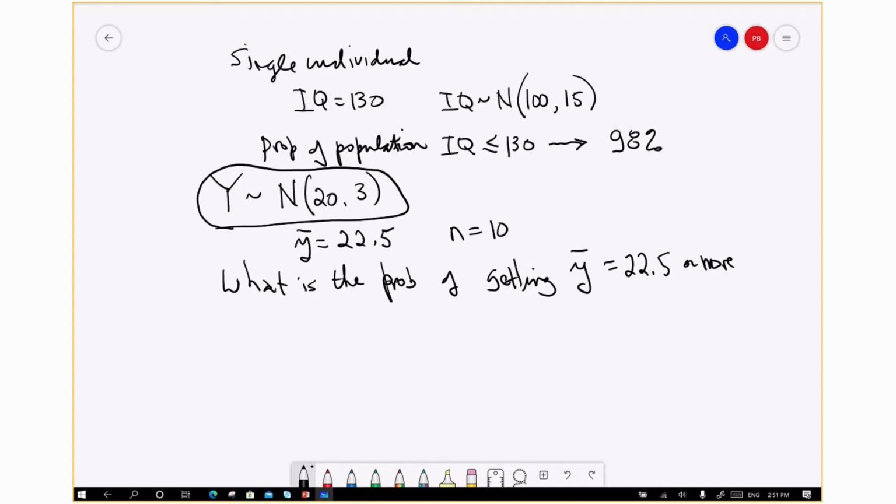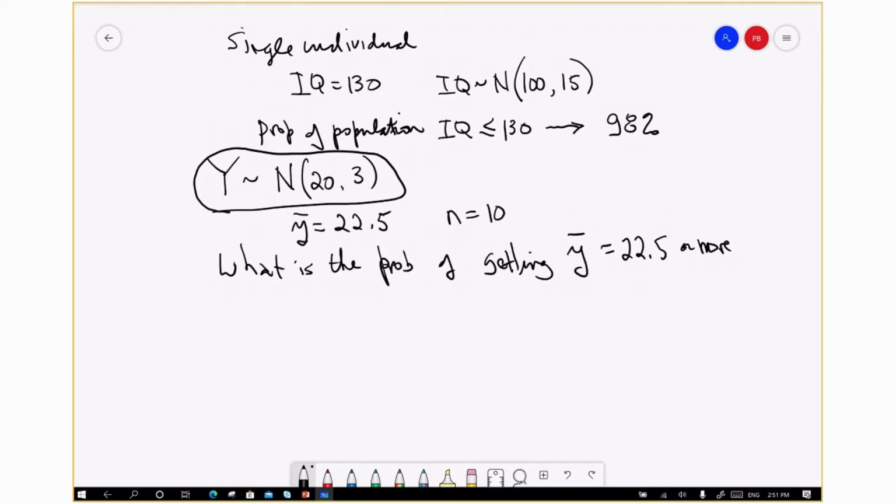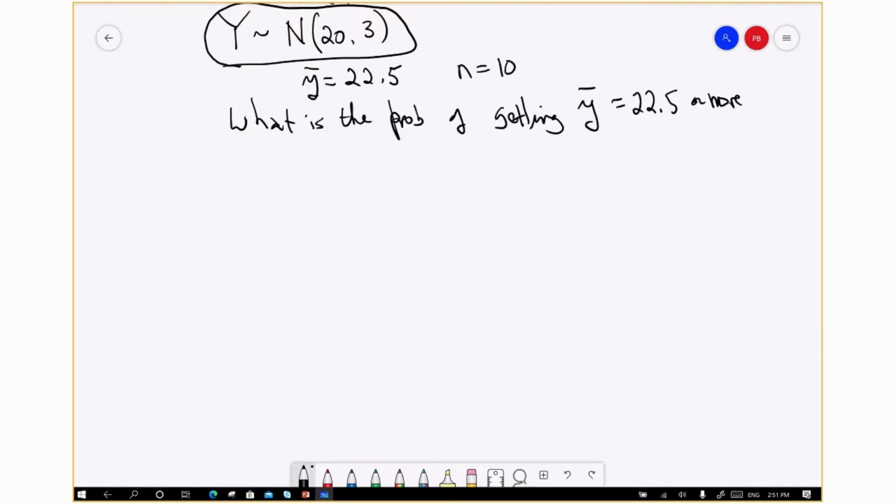That really forms the basis of a very important idea in statistics, the idea of null hypothesis statistical testing, which is sometimes represented as NHST.